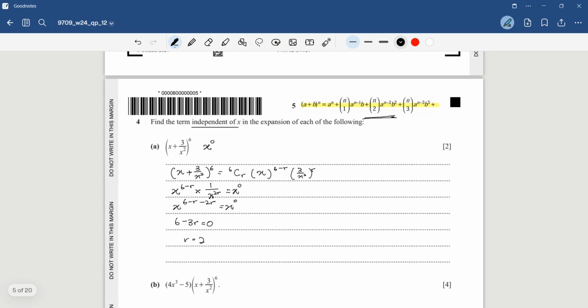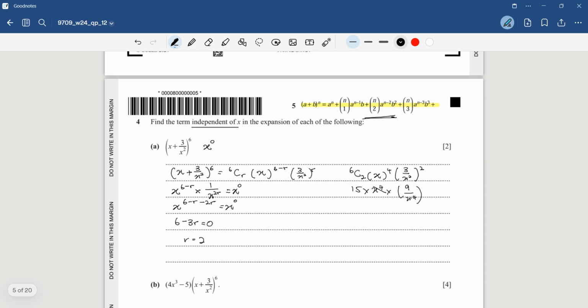Okay. So that means your r is equal to 2. So we're going to find out 6c2. So the independent term will be 6c2 x power of 4 times 3 over x squared, power of 2. So it will be 15 multiplied with x power of 4 multiplied with 9 over x power of 4.